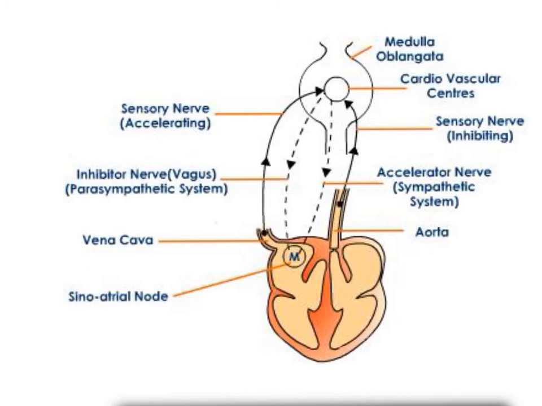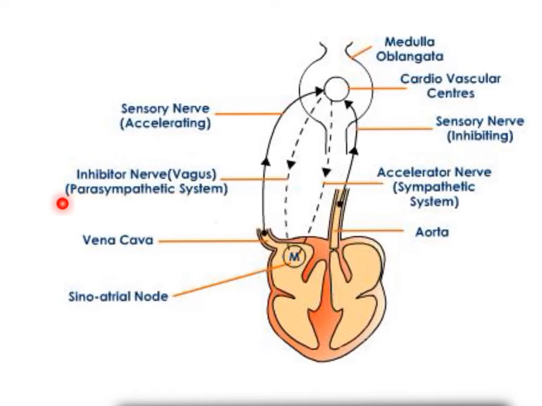And there are two inputs. There is an input which acts to slow heart rate down, which is a branch of the parasympathetic nervous system. Remember, the autonomic nervous system has got two branches, the parasympathetic and the sympathetic.